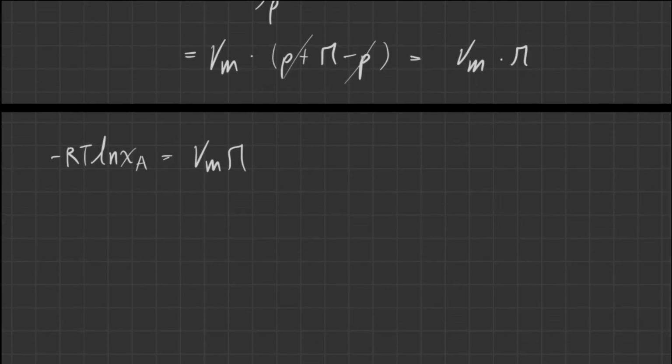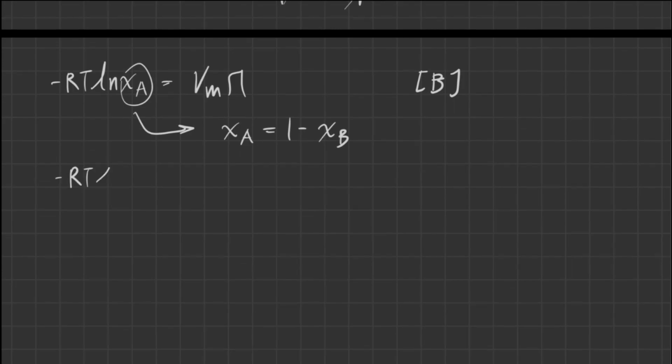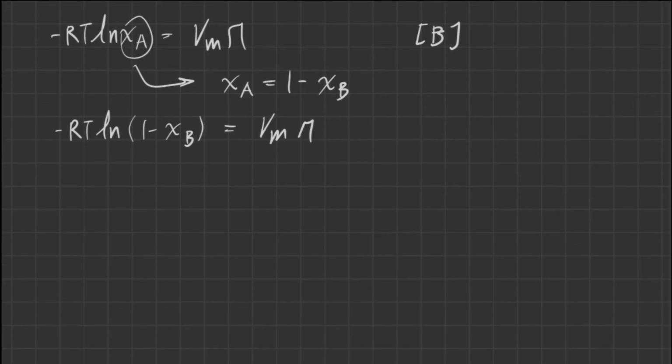Since we essentially want to end up with this molar concentration of the solute, we're going to want to change this to be expressed in terms of the molar fraction of B. So you just want to know that the molar fraction of A is equal to 1 minus the molar fraction of B. We'll make that substitution. Okay, so here we also want to make the assumption that we are in a dilute solution.